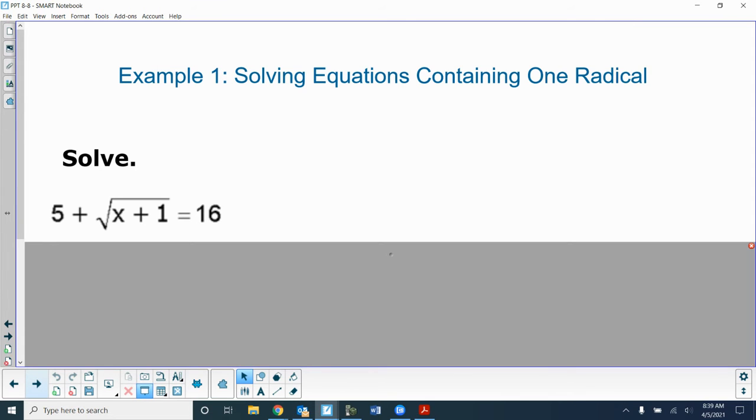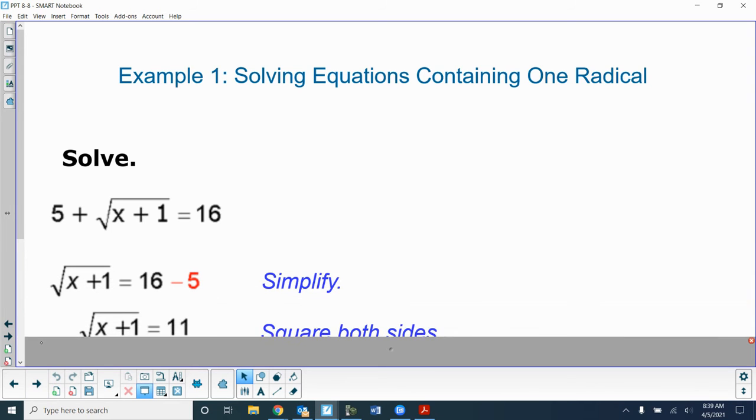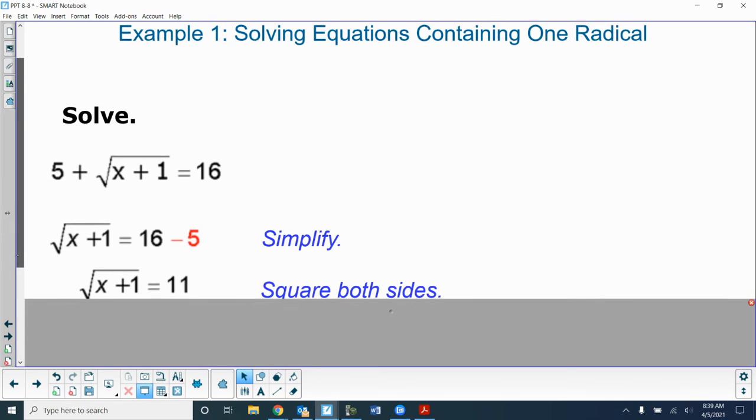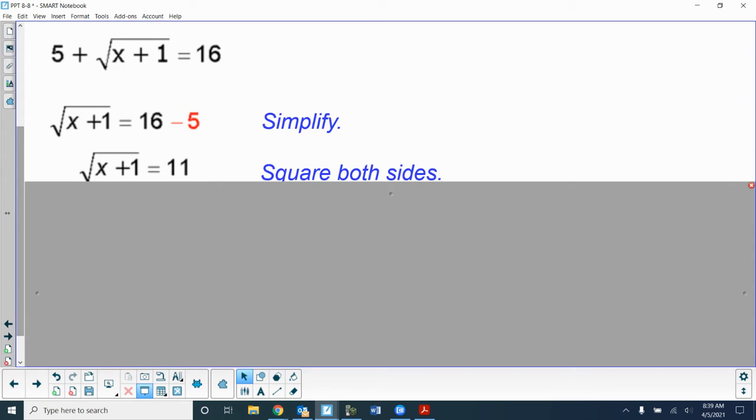Simple, right? So what do I got to do first in this problem? Subtract the 5, right? I got to get the radical part alone. So what's 16 minus 5? 11, yeah. So now it looks like this. So since that's a square root, I'm going to square both sides.